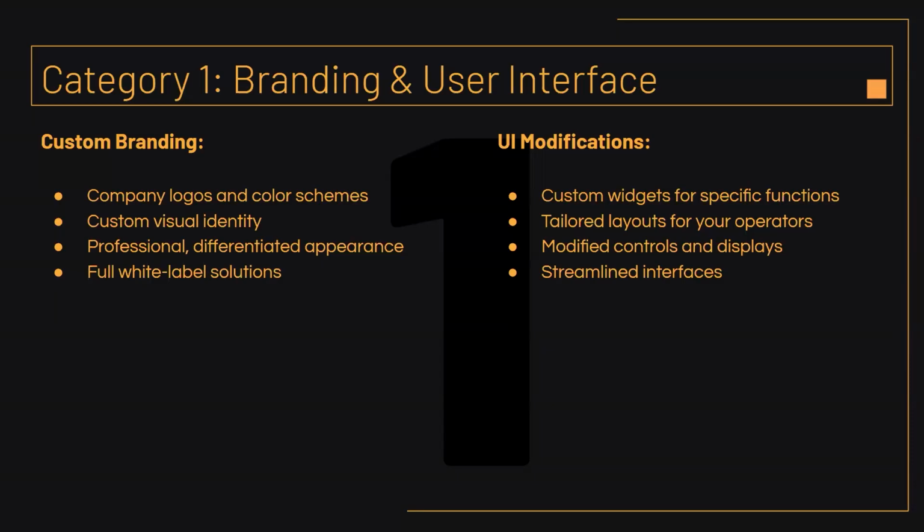You can streamline it to make using it easier for your customers, especially for things they frequently need to do, or you can completely transform the way your application looks and create something professional that you'd be proud of. There are a lot of categories when it comes to branding, but there's the basic stuff, like color schemes and logos, creating your own visual identity for the ground control station.